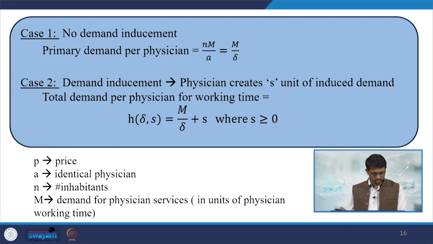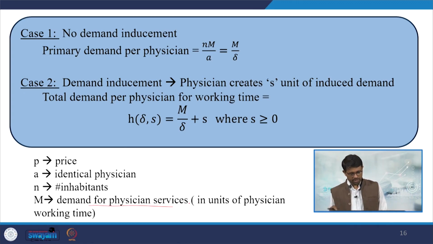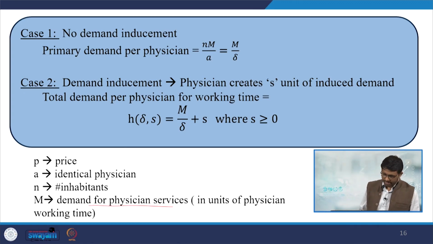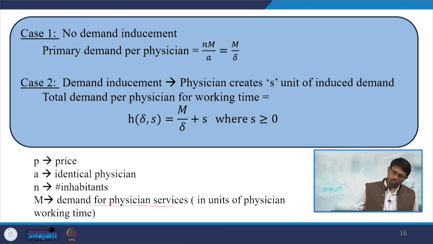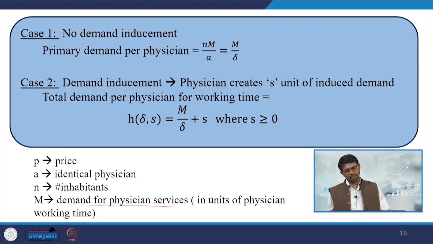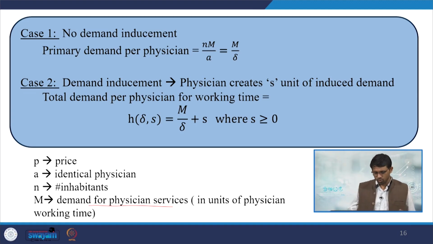M stands for demand for physicians' services, that is in units of physician working time, out of the number of physicians, which we consider as identical in nature. So, as a ratio we present this as m divided by delta, as we have already taken A by N. So, the primary demand per physician is interpreted as m upon delta.